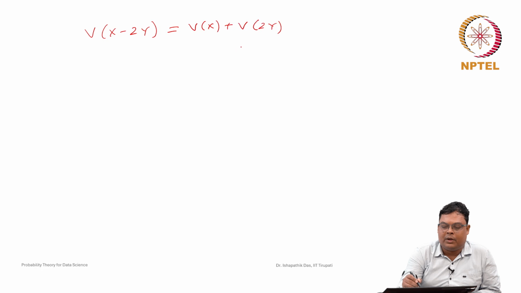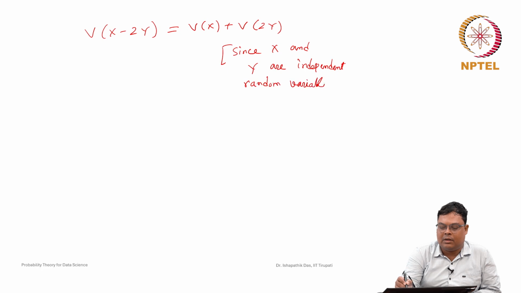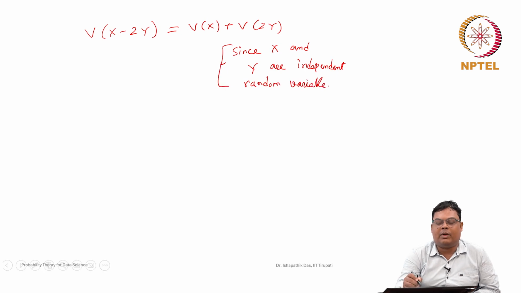There is some other covariance term, but since X and Y are independent random variables, this formula works. Actually, we will discuss this formula later when we discuss bivariate random variables. Here we are using the formula, but again we will discuss it.